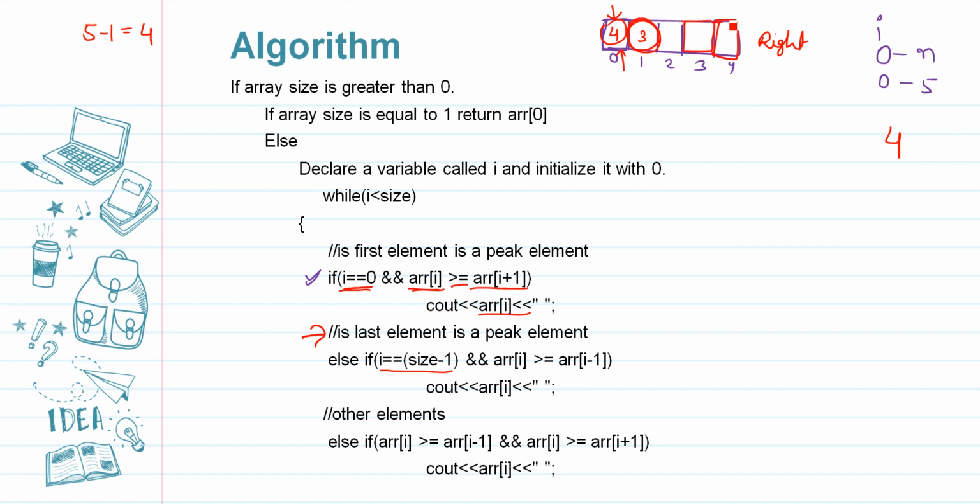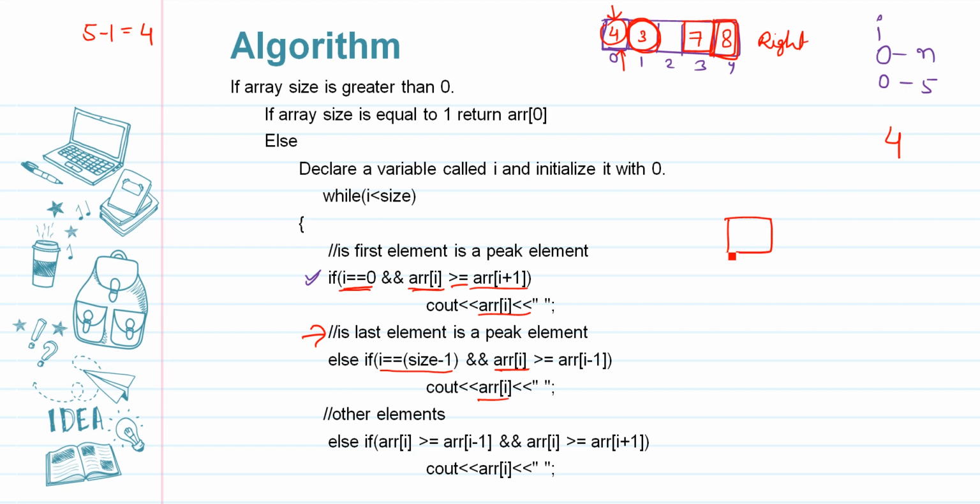So if I has the index of the last element, then ARR of I, which basically means this one, 8 let's say, is greater than or equal to the previous element. If this is the case, then again print this ARR of I.